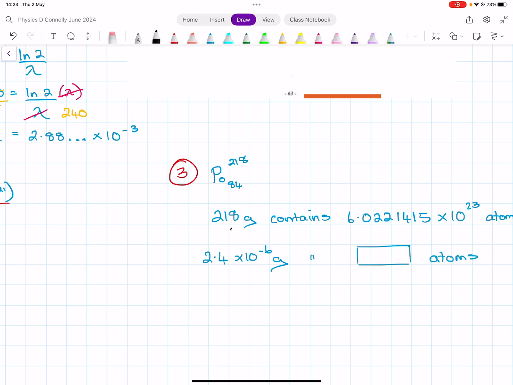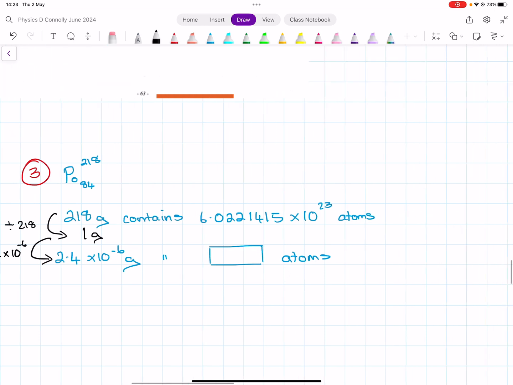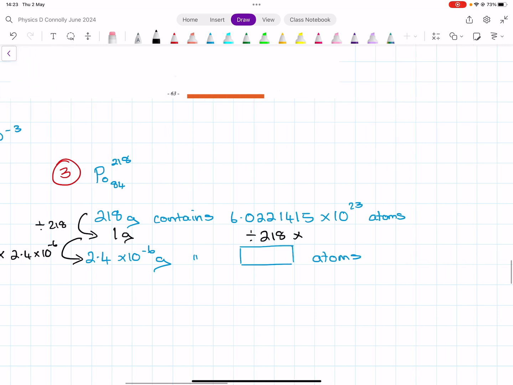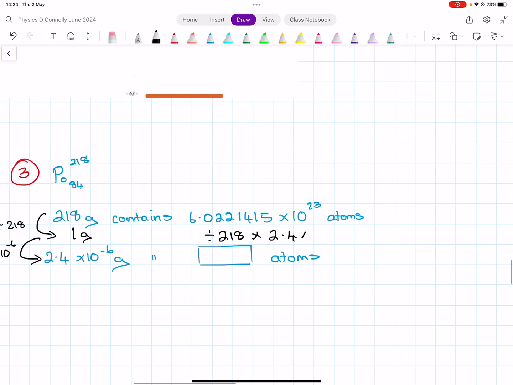The easiest thing is to go back to 1. So we do that by dividing by 218 and then up to this number, we multiply by 2.4 by 10 to the minus 6. So I have 6.0221415 by 10 to the 23 divided by 218, multiplied by 2.4 by 10 to the minus 6.